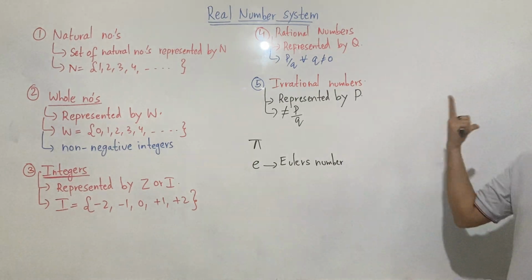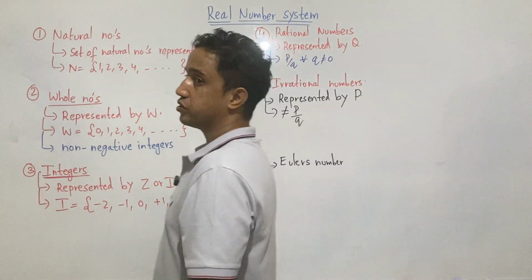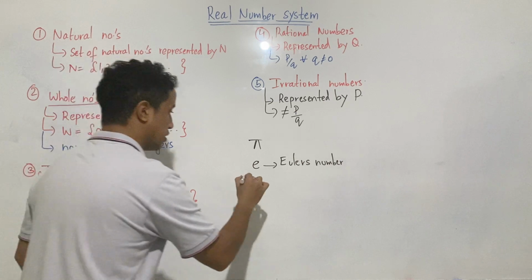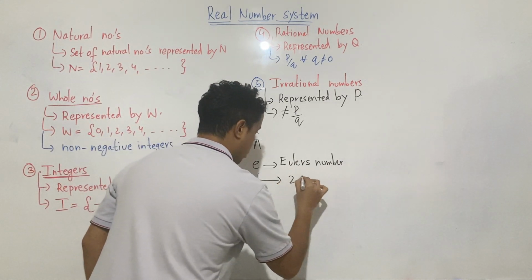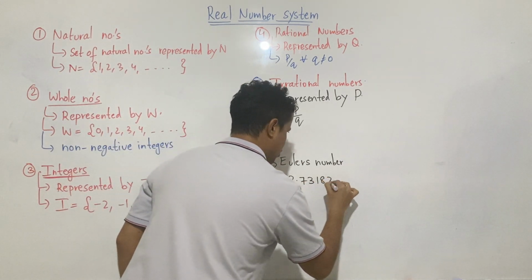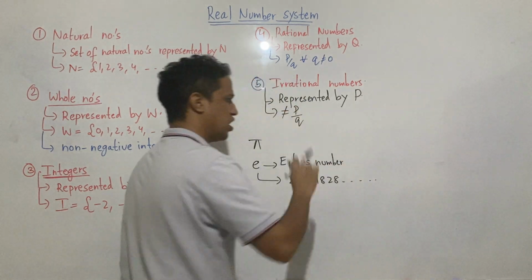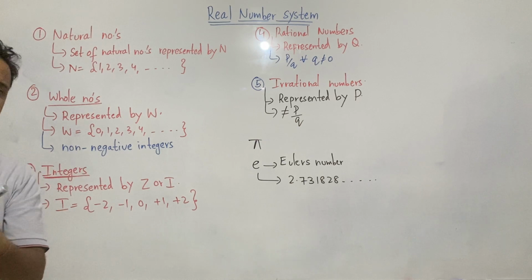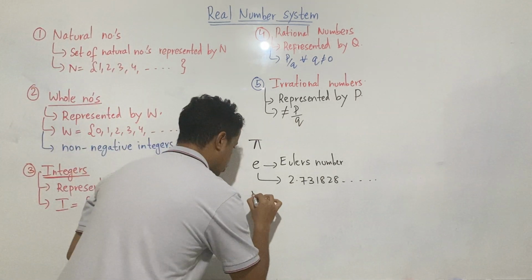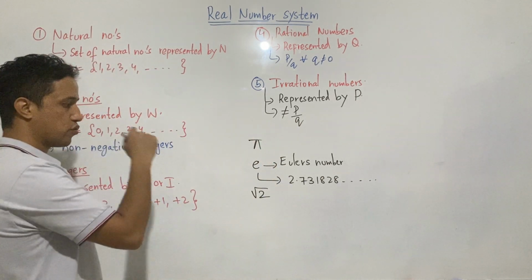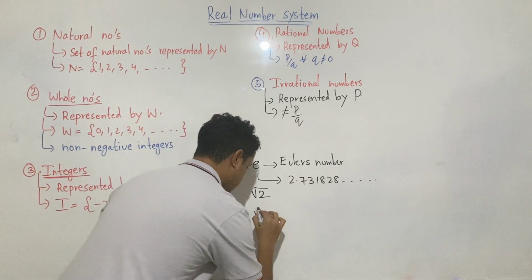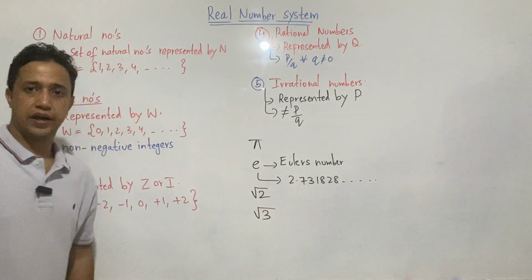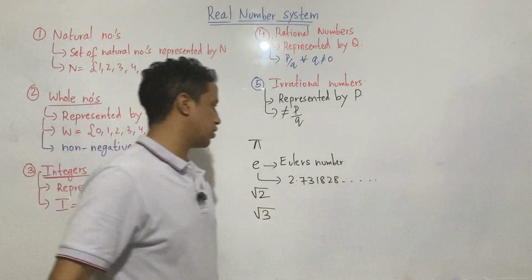This is an irrational number because the value is 2.731828, and it just goes on. You can also take the square root of 2 or 3. So these all are irrational numbers.